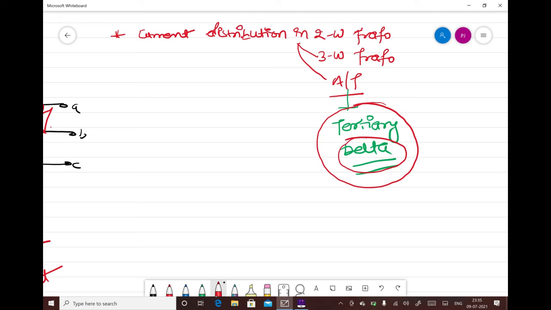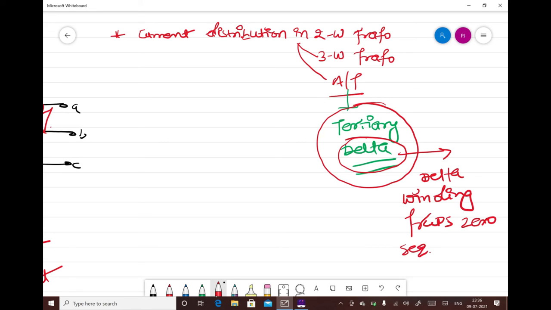You might have heard or learned somewhere that delta winding traps zero sequence current. Delta winding traps zero sequence current. And now we are going to discuss how delta winding traps zero sequence current in very, very simple terms.